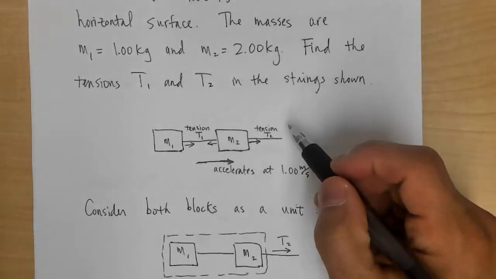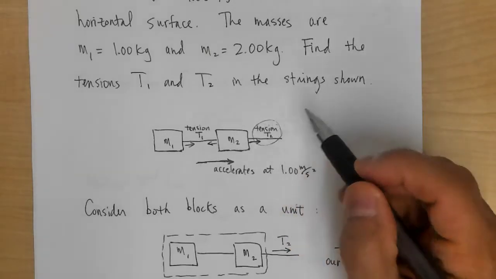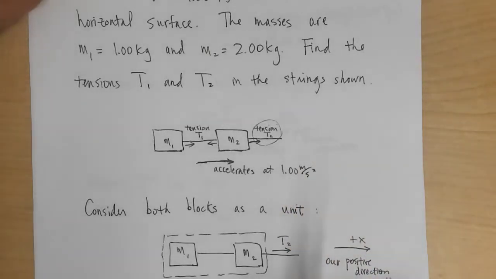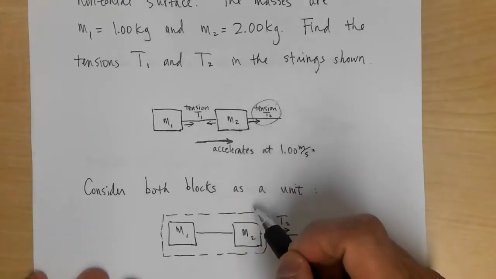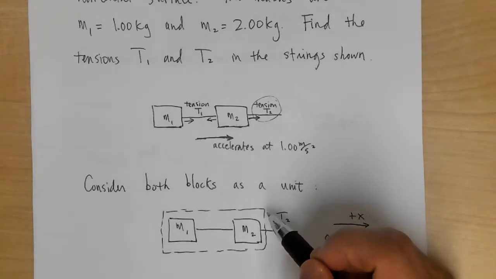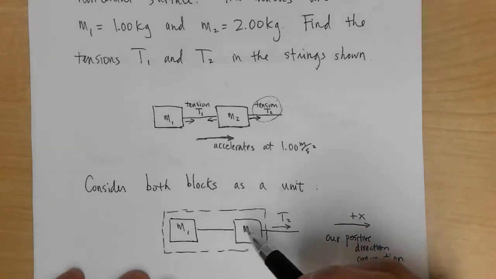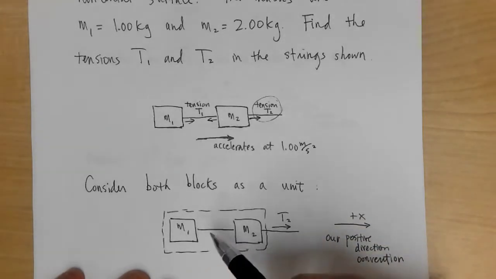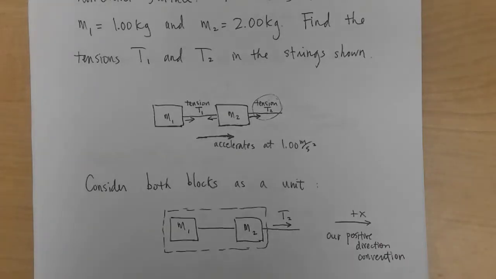Suppose you want to first calculate T2, the tension in string 2. There is a rather easy way to get T2 if we consider both blocks together as one unit. That way, T2 is the only force acting on this unit, and we can use Newton's second law to figure out what T2 must be.